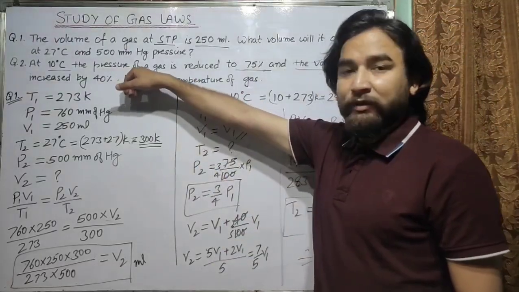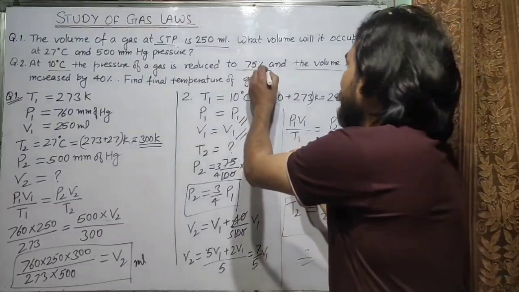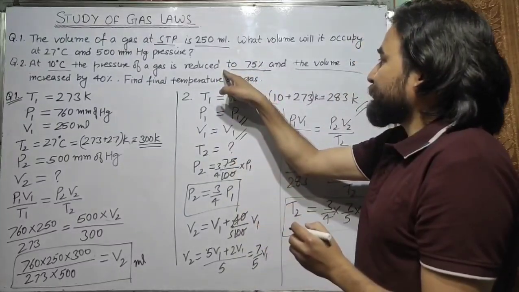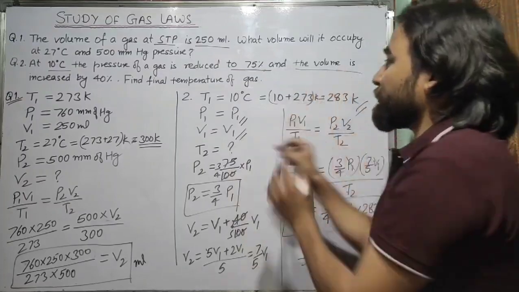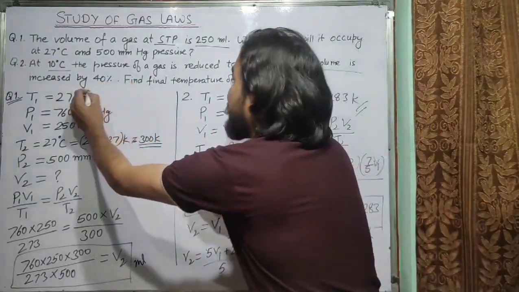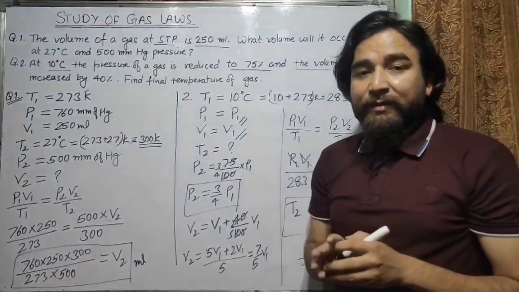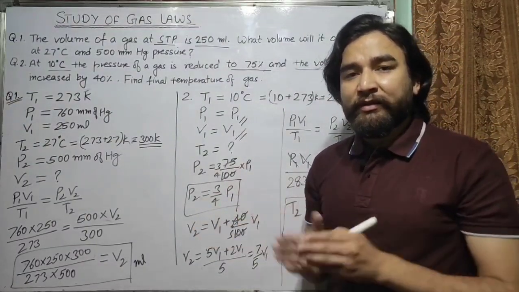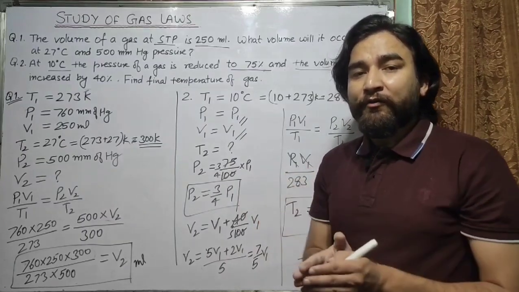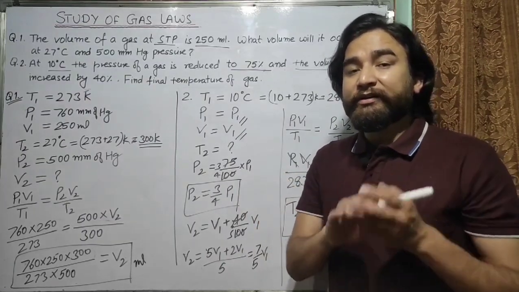You have to be careful in such questions because it says that pressure is reduced to 75% while volume is increased by. So, by or to. To means if the pressure is reduced to 75%, it means the new pressure is 75% of the previous or initial pressure.